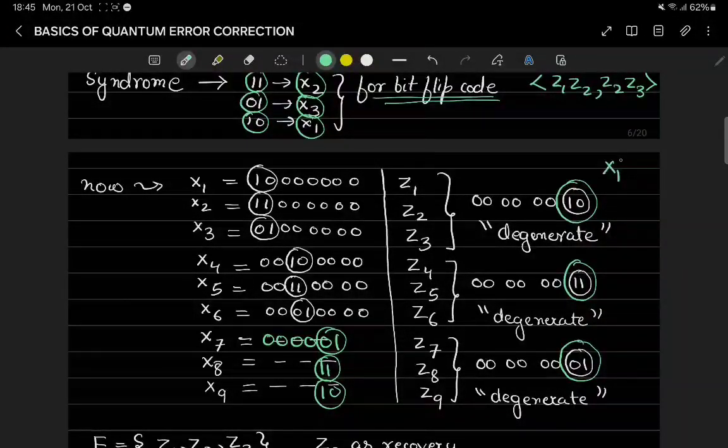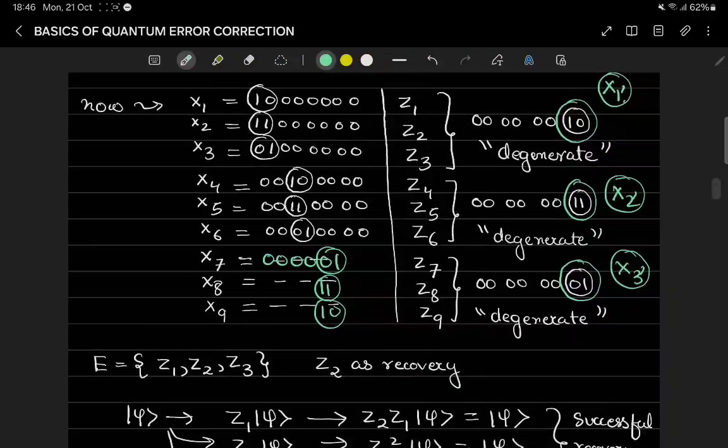Similarly we have Z4, Z5, Z6, and that corresponds to 1, 1, which is an X2 error. And then Z7, Z8, Z9, which is an X3 error, where 1, 2, 3 are now the concatenated bits. For example, the bit 2 is actually 4, 5, 6. So maybe I write it 1 prime, 2 prime and 3 prime.